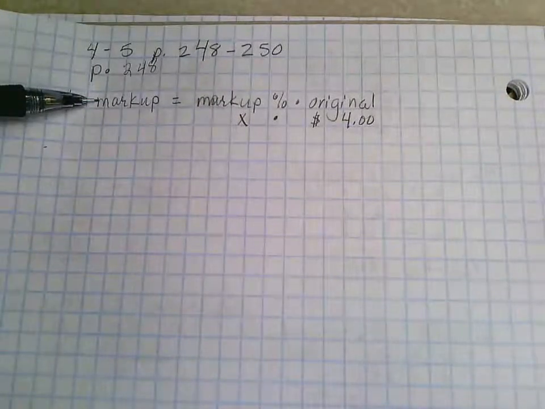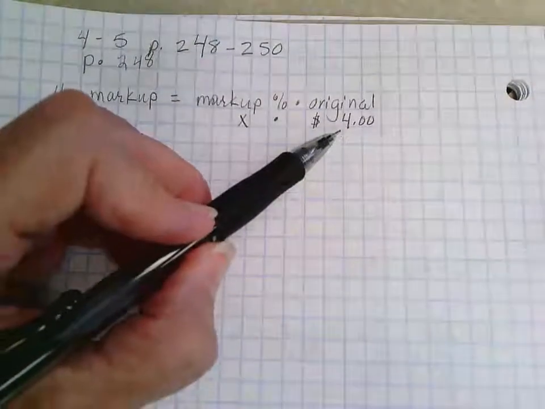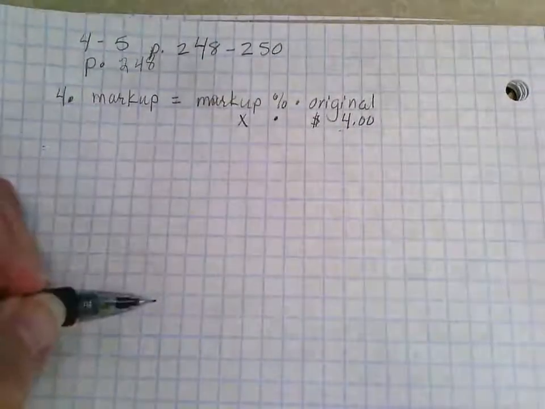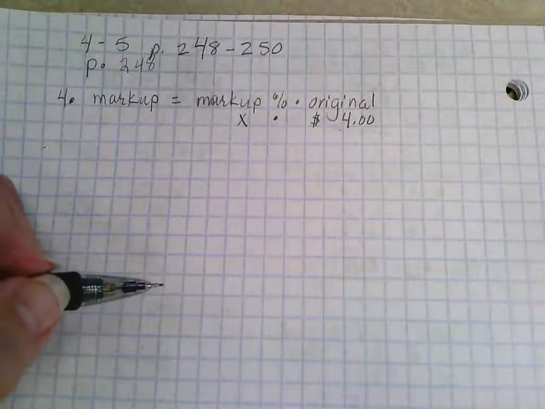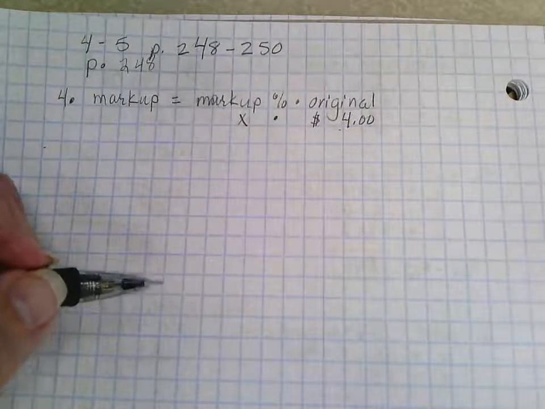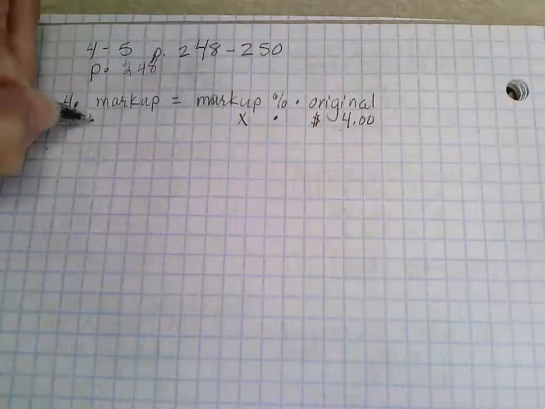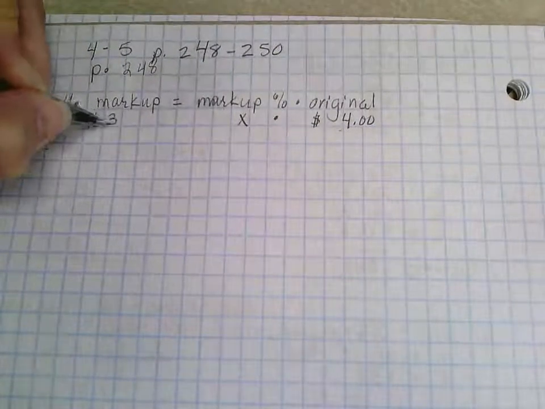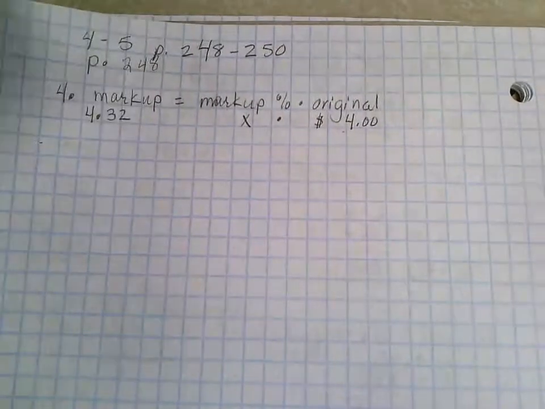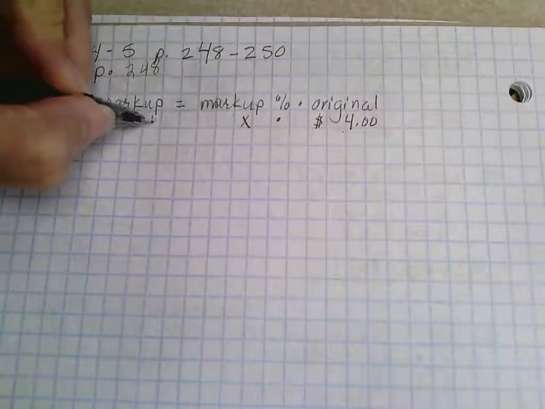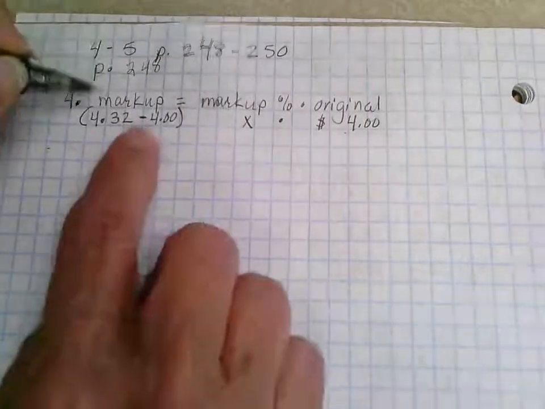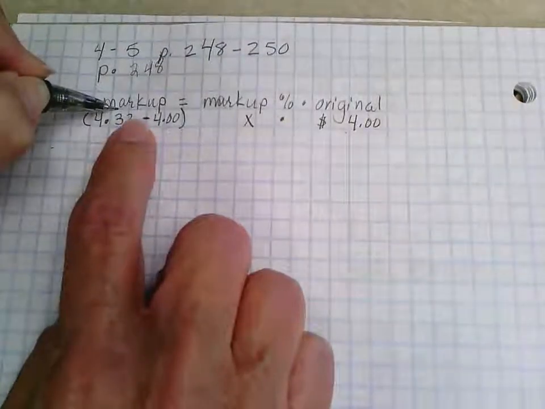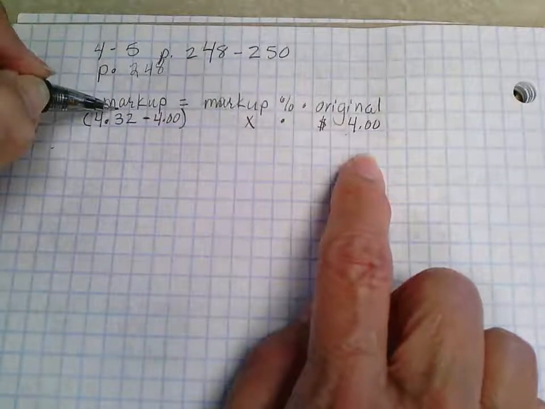To find the markup itself, we have to take the original cost from the total that they paid when they purchased the item. When they purchased the item it cost $4.32. So we have to subtract the $4 to find out what this actual markup was from $4.